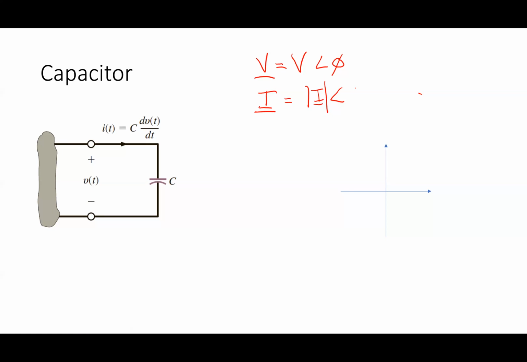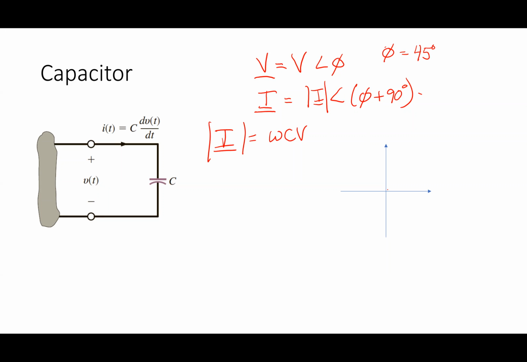It looks like I have this, and the magnitude of I is omega C times V. So how would I draw this? Let's give phi a number. People like numbers, right? Let's say phi is 45 degrees. Where would that voltage phasor be? In the first quadrant.